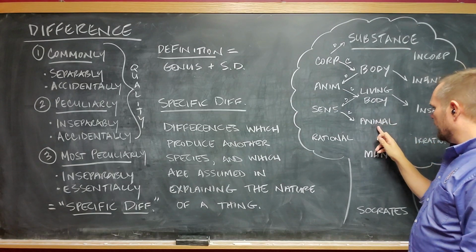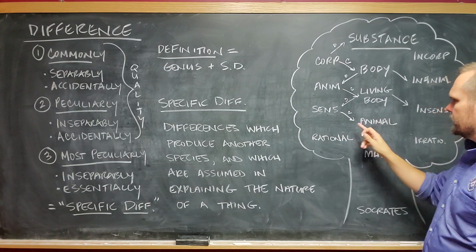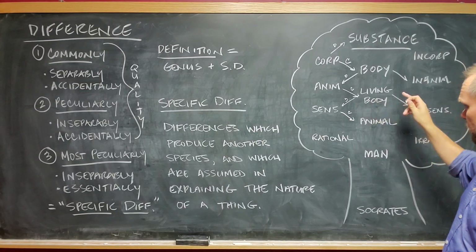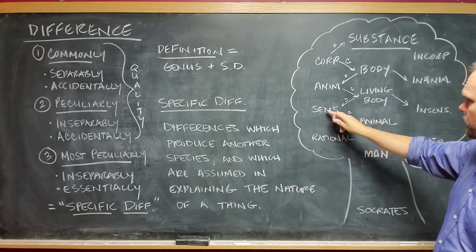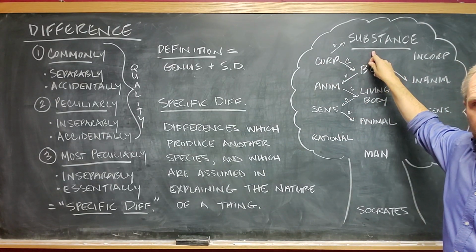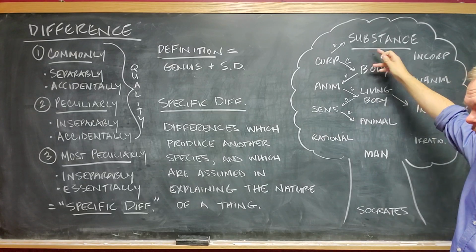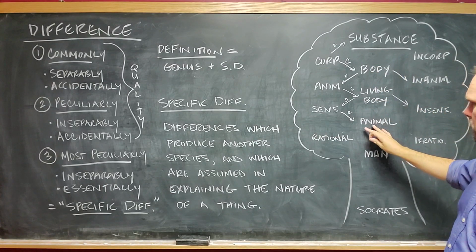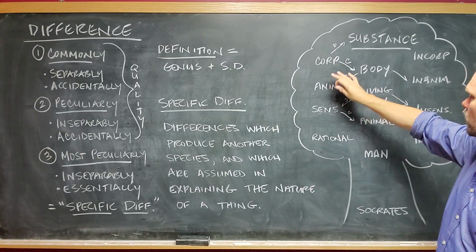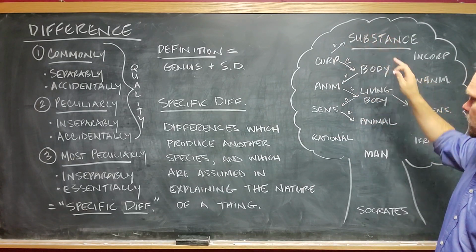If I want to define animal, I say an animal is a sensitive living body. I could also say an animal is a sensitive, animate, corporeal substance. But the proper definition would be animal is a sensitive living body, because this term living body is already defined as we move up the tree.